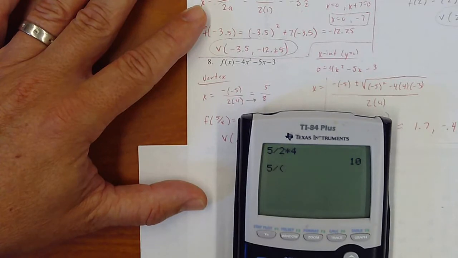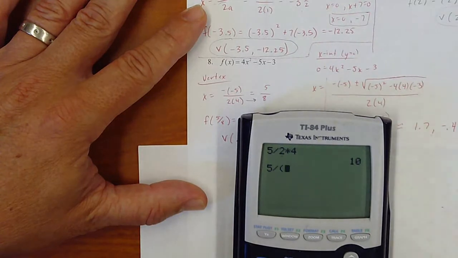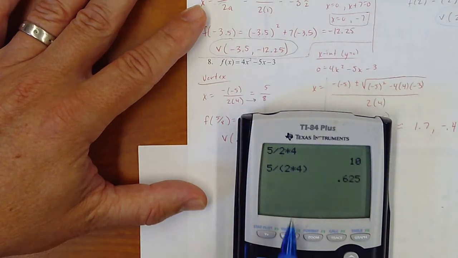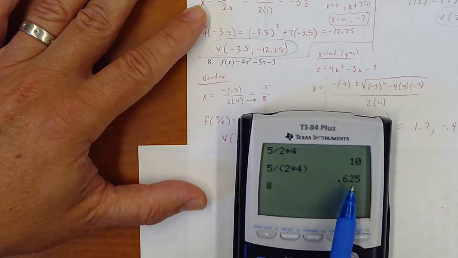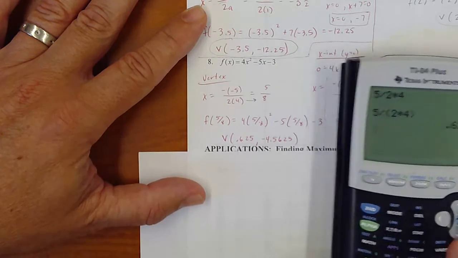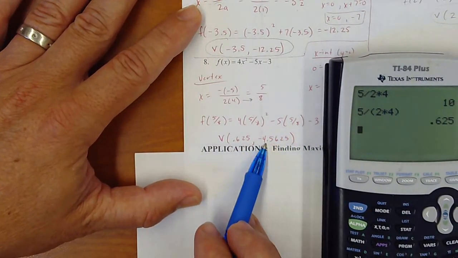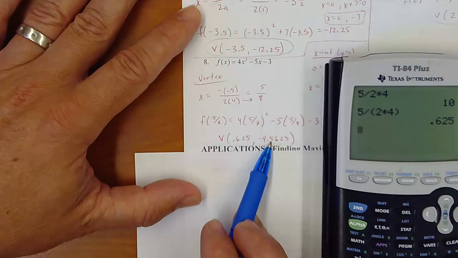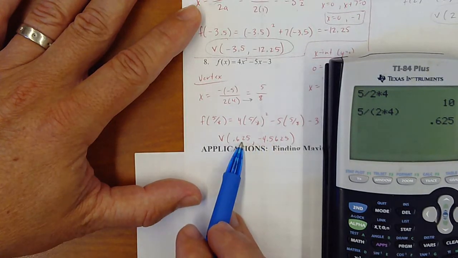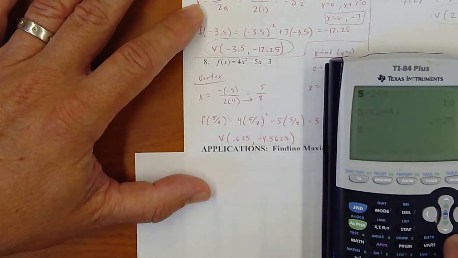So if you made that mistake, either just do the 2 times 4 in your head and get 5/8 like that, but if you're going to the calculator, you need to punch it in this way so that you're sure the 8 is done first. Okay, so 0.625 in decimal form or 5/8 in fraction form. Okay, then we plug in the 5/8, which gives us this decimal, negative 4.6. 0.625 for x.